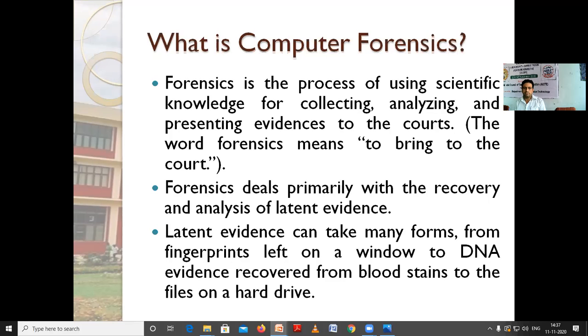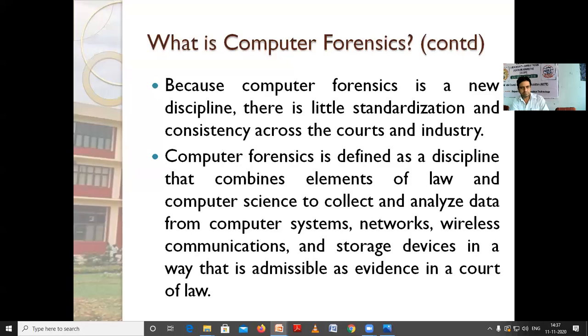So with appropriate forensic investigations, we have to keep in check what to do and what not to do. Latent evidence can take many forms, from fingerprints left on the window, as in the Arushi murder case, and DNA evidence recovered from blood stains, to files on a hard drive.